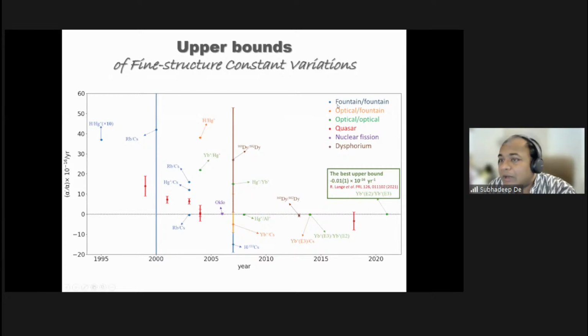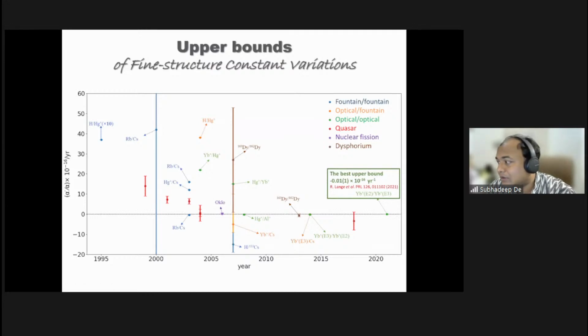And just to compile all the results from different experiments to look for alpha variations, these are the different color codes: atomic fountain to atomic fountain comparison, then optical clock to atomic fountain comparison, optical clock to optical clock comparison, looking into quasar absorption spectra, looking into the Oklo data from nuclear fission, and also accurate measurement of the dysprosium energy levels difference, etc. So I have plotted all of them together, and you see that the ytterbium ion clock comparison gave the best result so far.